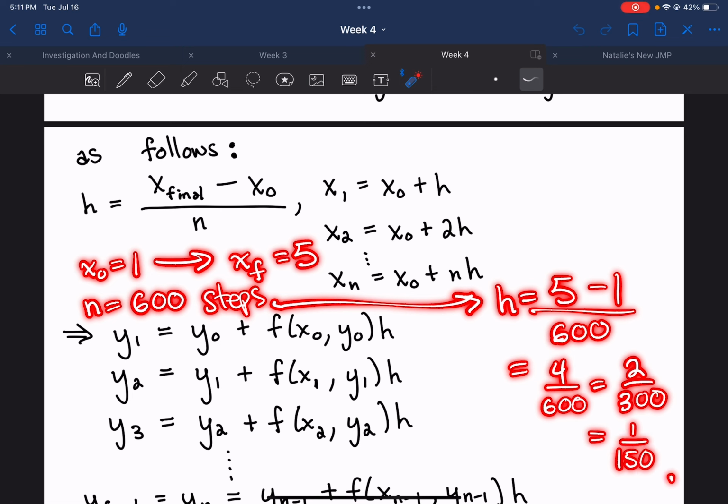So in the case where I'm going from 1 to 5 in 600 steps, my step size is 1/150th. Does that make sense on how to get h? I hope so.